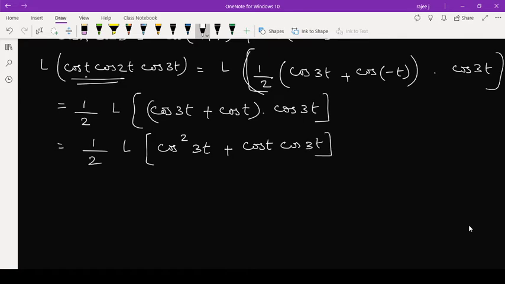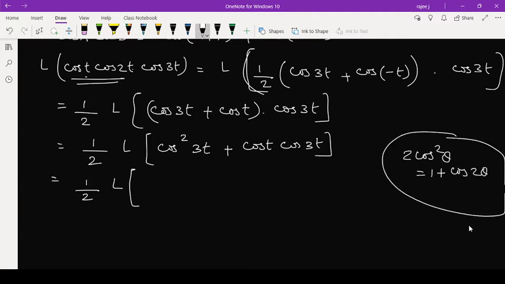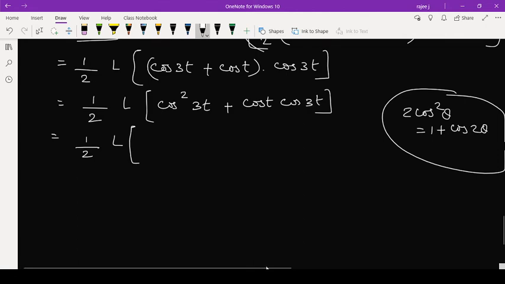Now this is equal to 1 by 2 into L of, and here we are going to apply two formulas. We have the formula 2 cos square theta is 1 plus cos 2 theta.